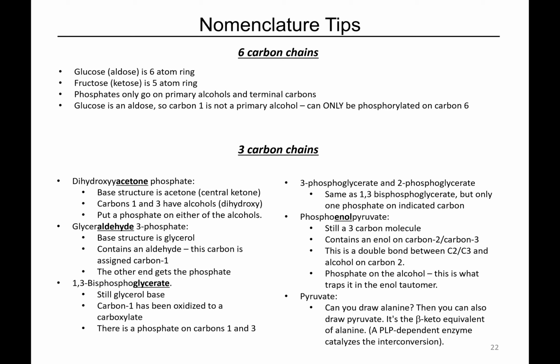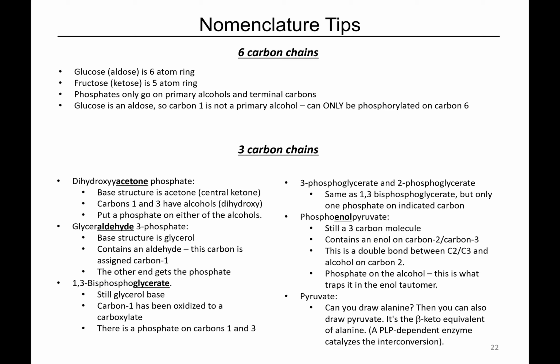Pyruvate. Not beta keto, it's an alpha keto. I wrote that wrong, and then I kept saying it wrong. The alpha keto equivalent. Okay, this is pyruvate. Phosphoenol pyruvate. Start with pyruvate, make it the enol tautomer. Okay, so if this is pyruvate, the enol tautomer looks like this.